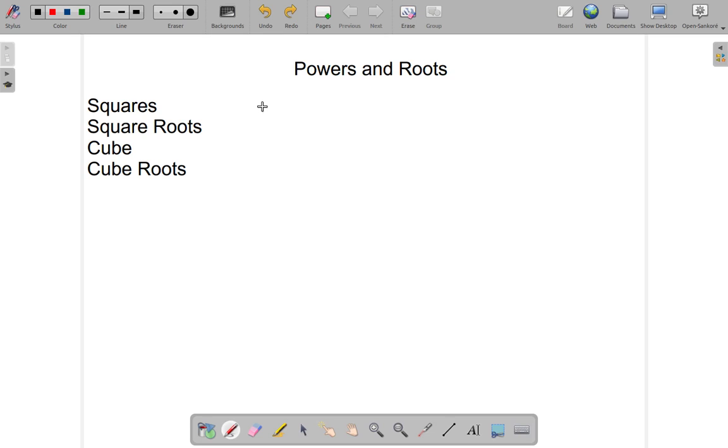If you have, for example, 3 plus 3 plus 3 plus 3 plus 3, you have 5 different 3's and they're all added together, so it's repeated addition. The short way of writing this is to say, since there are 1, 2, 3, 4, 5 3's and they all add together, then you say 3 multiplied by 5.